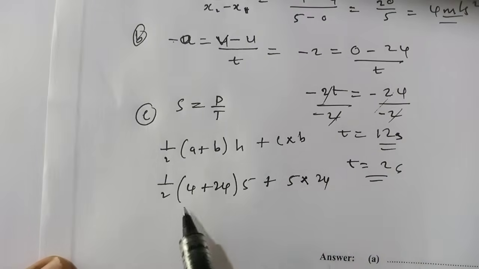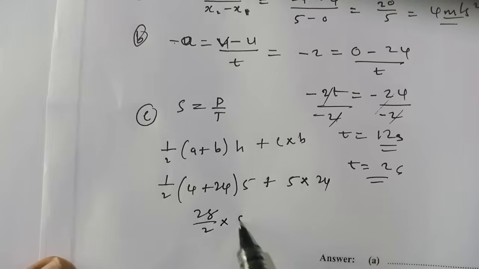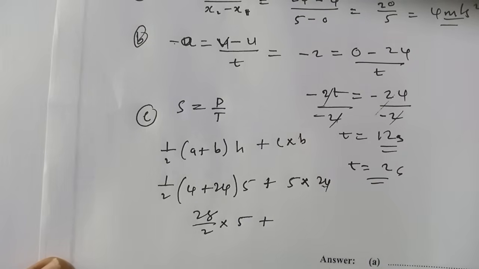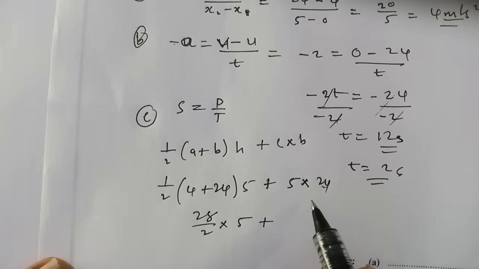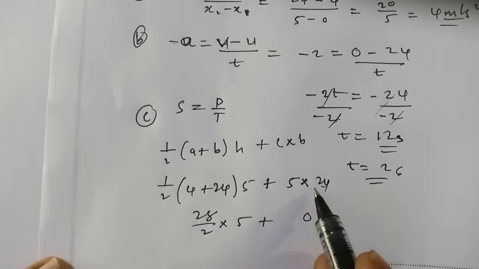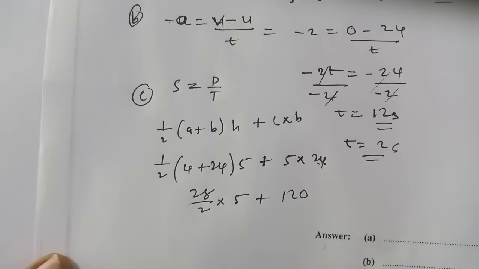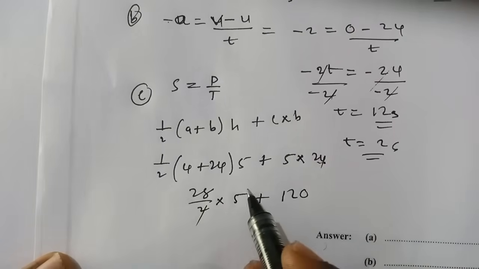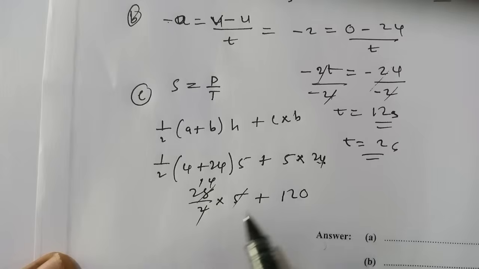So here, what are we getting? 28 over 2 times 5, plus 24 times 5, which is 120.